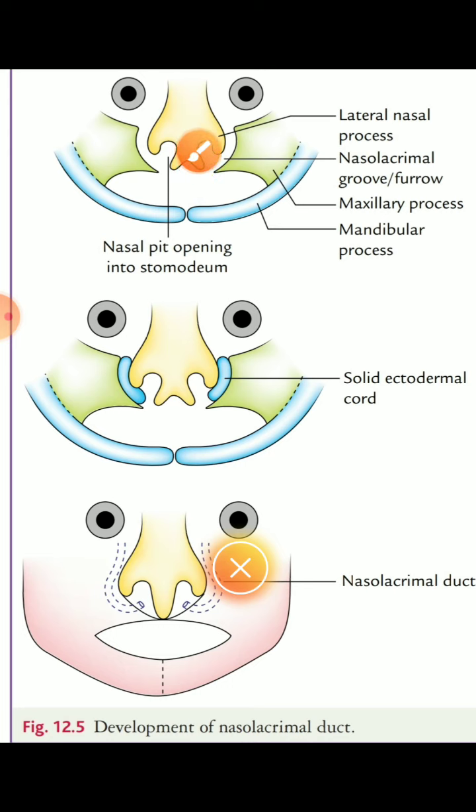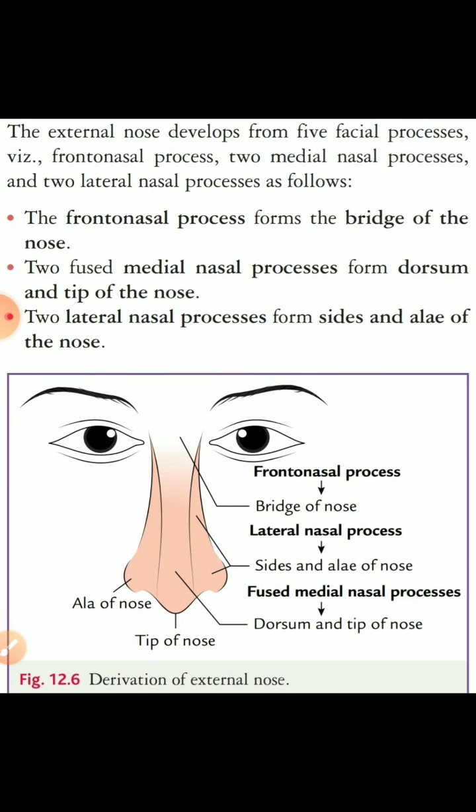In between it has the nasal pits, which are opening into the stomodeum. In the lateral nasal process, you can see solid ectodermal cords which extend from the developing eye to the nasal pit. This dotted line represents the formation of the nasolacrimal duct. So this is how the nasolacrimal duct develops.